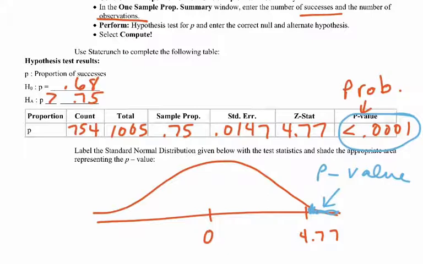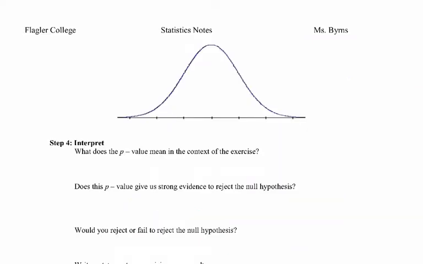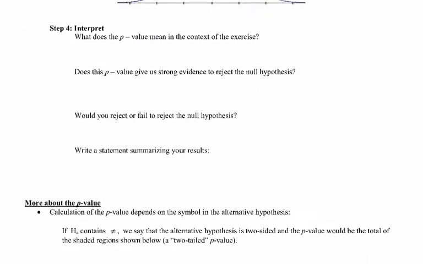That's the key idea. So let's summarize this. Here's a picture. Let's summarize what this means, though. So what does the p-value mean in the context of the exercise?